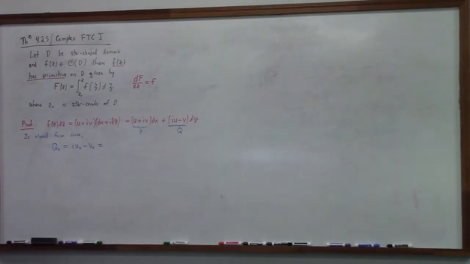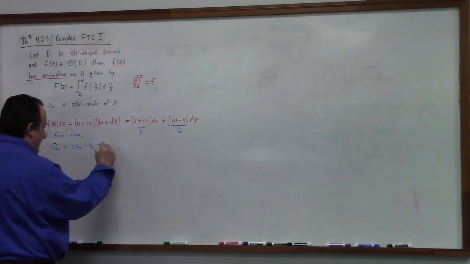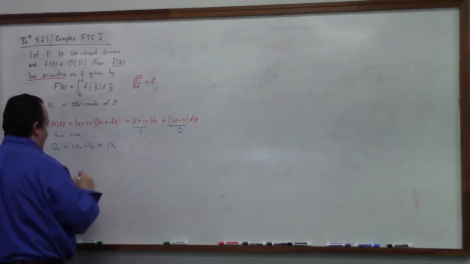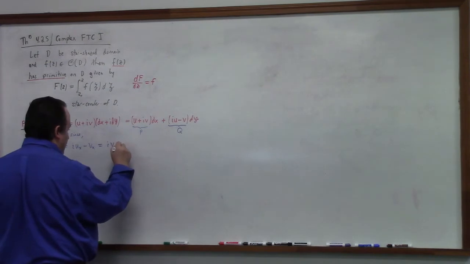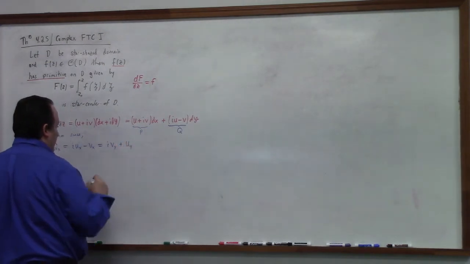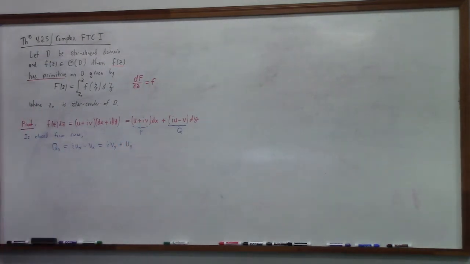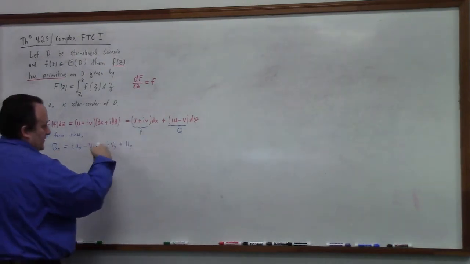But since f is holomorphic, we know the Cauchy-Riemann equations hold. So ux is equal to vy, and vx is equal to minus uy. So minus minus gives me plus uy. But what is that? No, that's not Px.